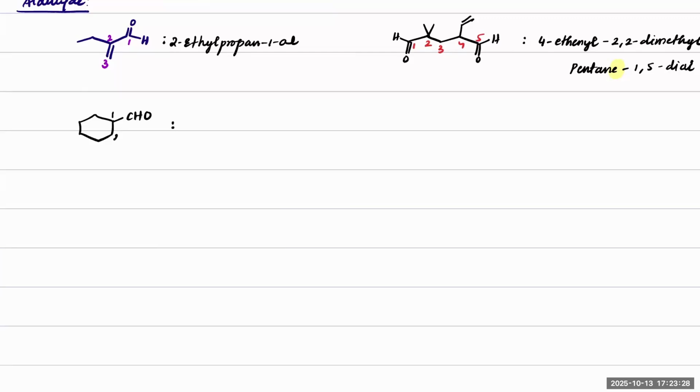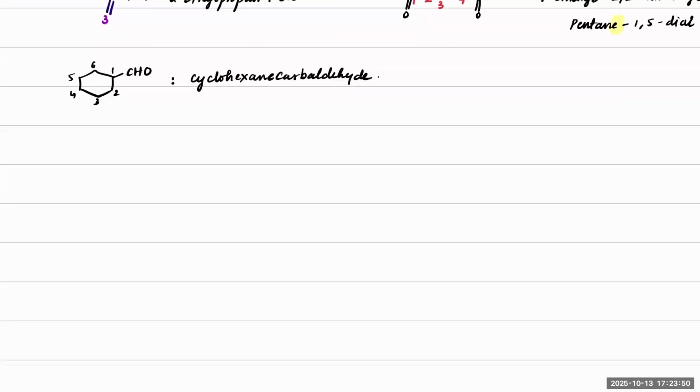So 1, 2, 3, 4, 5, 6. This is the numbering. So we write it as cyclohexane, complete name. Then you will write it as carb, sorry, first we write it as carbaldehyde. Only we write it as carbaldehyde.